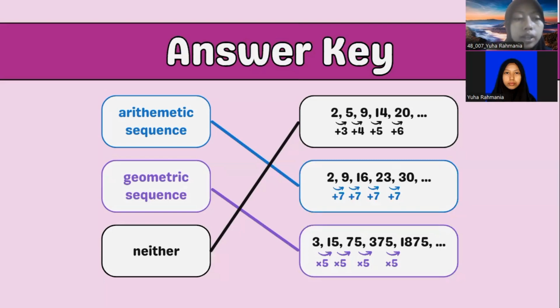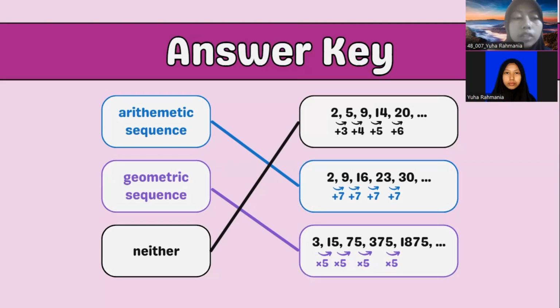The first sequence is classified as neither arithmetic nor geometric because the differences and ratios are not constant. The second sequence is an arithmetic sequence because every term increases by 7. The third sequence is a geometric sequence because every term is multiplied by 5.